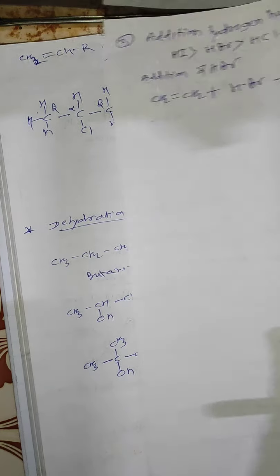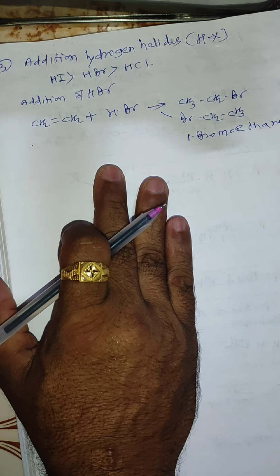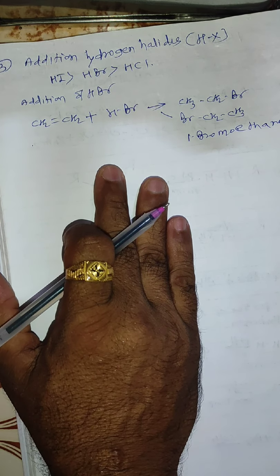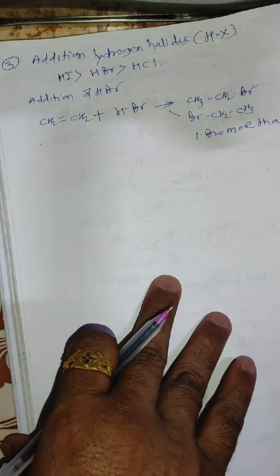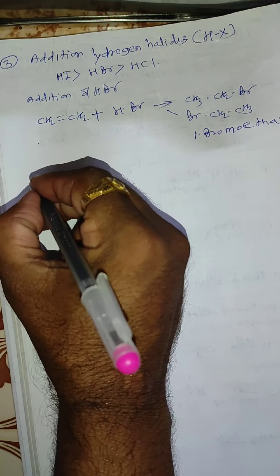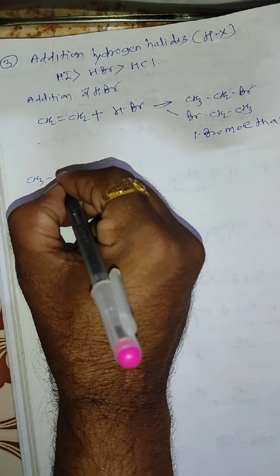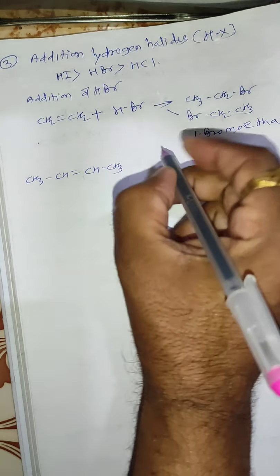Now after addition of hydrogen halides in symmetrical alkene, it will be added in unsymmetrical alkene, like HBr, HCl or HI. So for an unsymmetrical alkene, another example, butene, CH3CH=CHCH3.